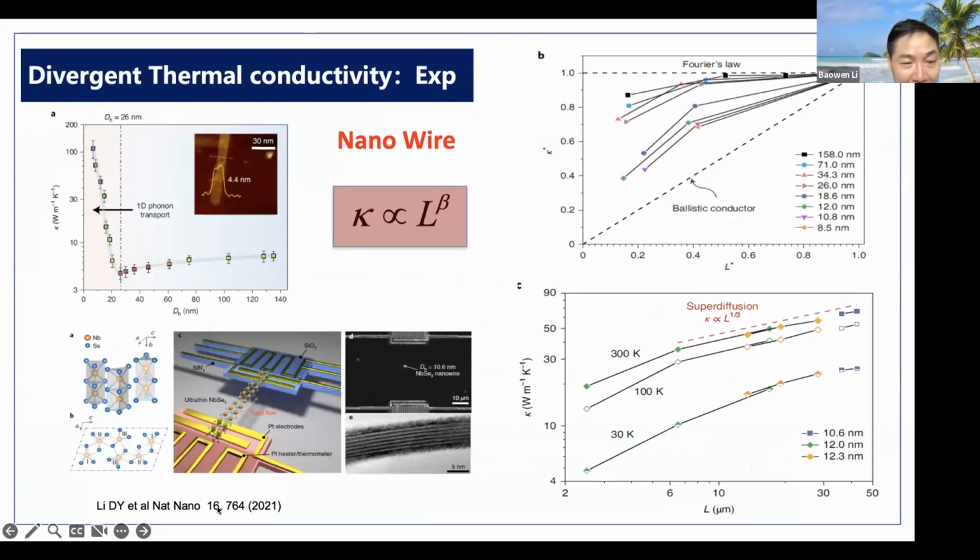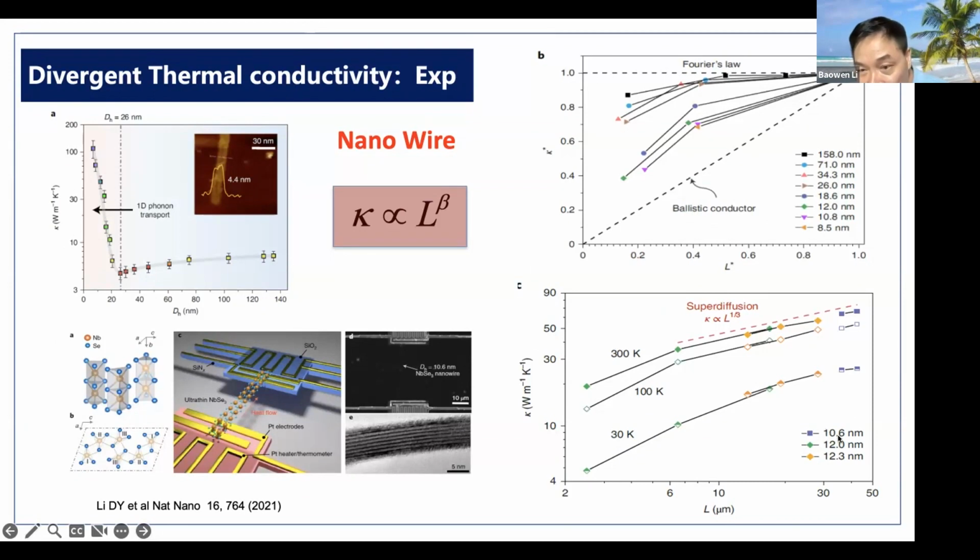This one was published in Nature Nanotechnology in 2021. They studied nanowires with different diameters, very thin, from 8.5 to 158 nanometers, and all show divergent thermal conductivity.